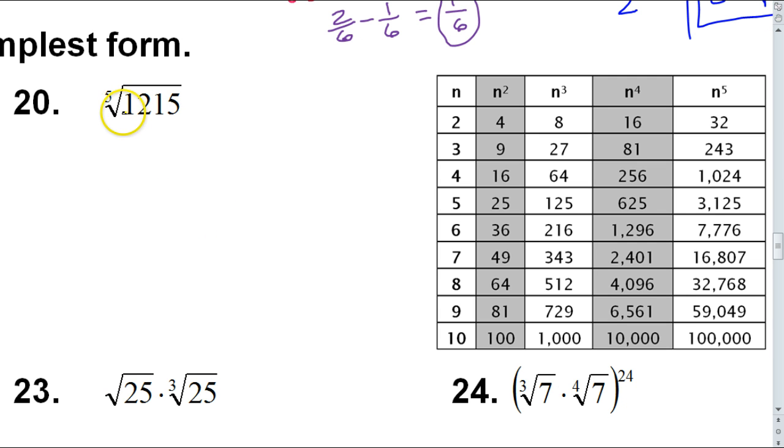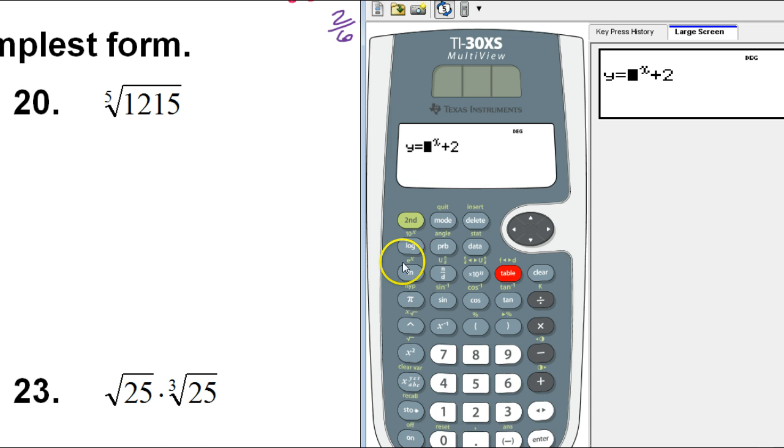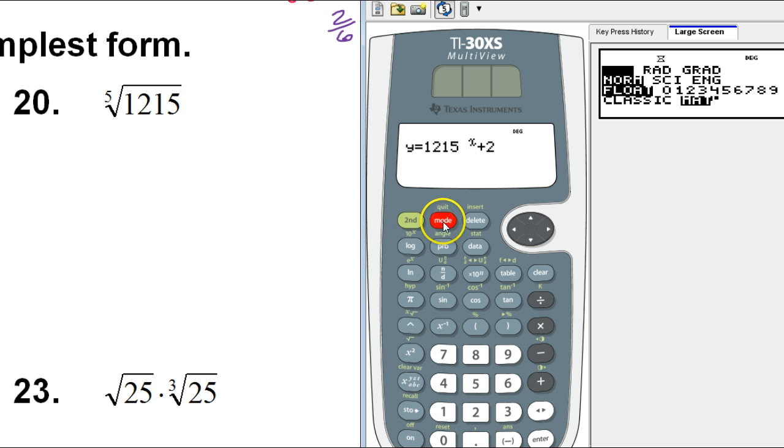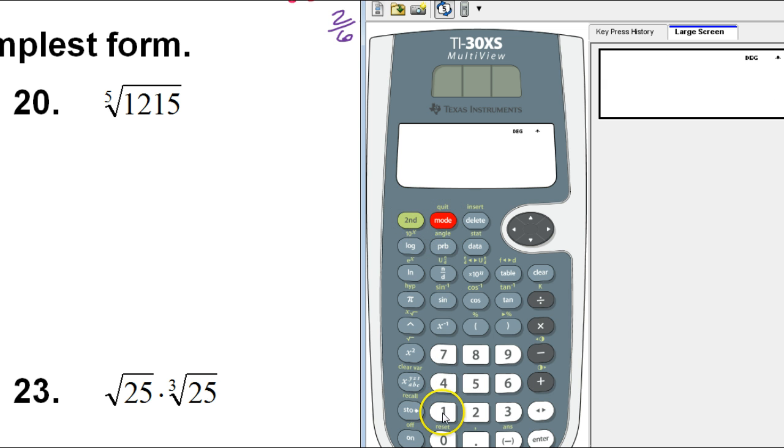Now, similarly, looking at number 20, we've got the fifth root of 1,215. As we look at the fifth power column, 1,215 is not here. So we look for the biggest number that might divide evenly into 1,215. So we're going to try either 243 or 32. So let's see, 1,215. Oh, that's in a formula. Hold on. Alright, 1,215. Let's try dividing by 243.